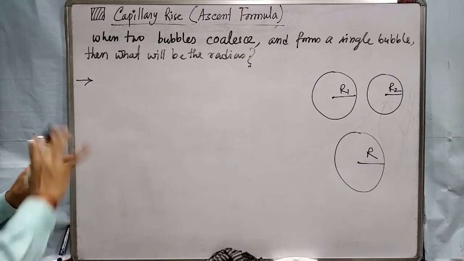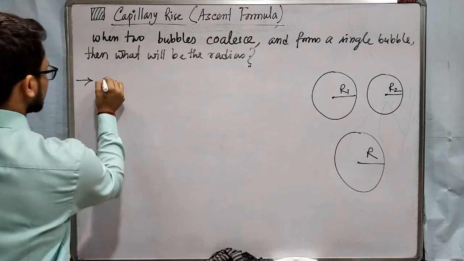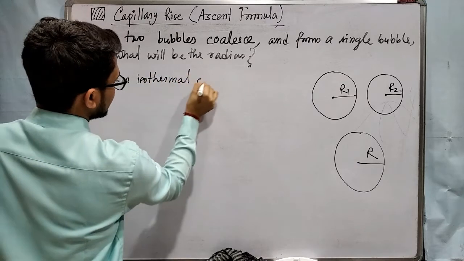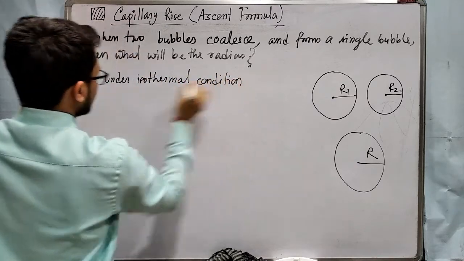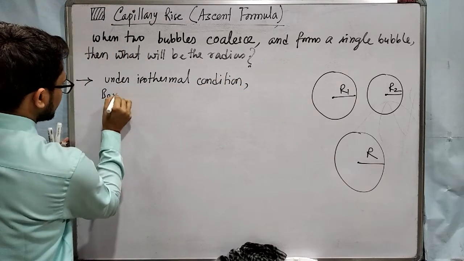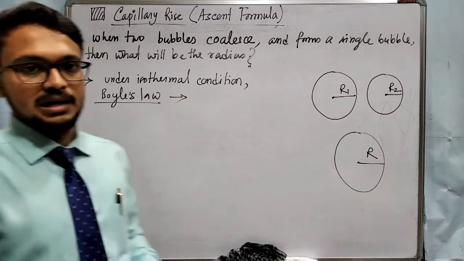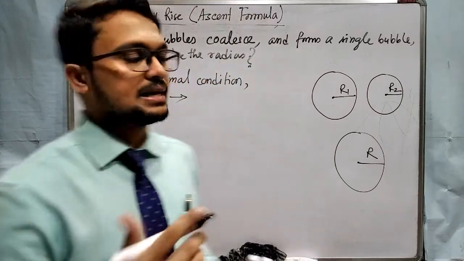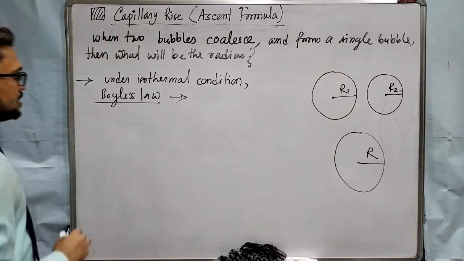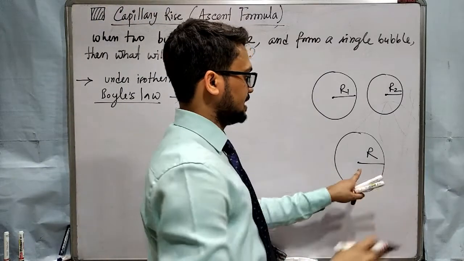If this phenomenon happens under isothermal condition, then we can apply Boyle's law. Boyle's law means the multiplication of pressure and volume will remain constant at isothermal condition. Isothermal means temperature will remain constant. So Boyle's law will be applicable before coalescence and after coalescence.